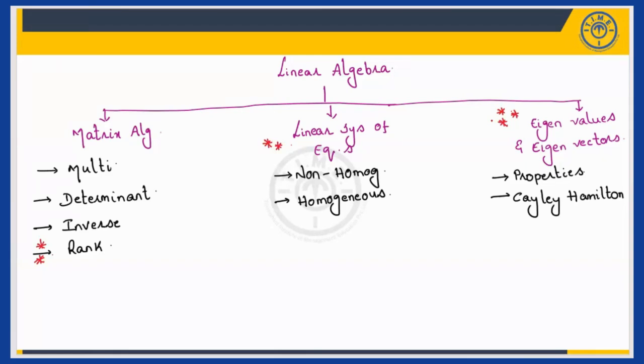And we can't guess which problems will be coming. But if you ask me about linear algebra, these are the only 7 topics that we have. But I can say for sure that so far I have not seen any GATE paper without eigenvalues and eigenvectors. Okay.